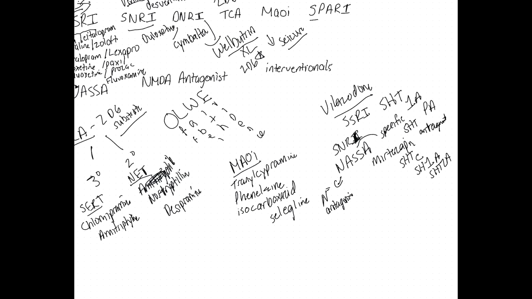All right. Alpha-2 antagonism. Alpha-2 is a heteroreceptor on a serotonin neuron. Hetero just means that it's a serotonin neuron, but it also has norepinephrine receptors on it. Even though it's a serotonin neuron doesn't mean it only has serotonin receptors on there. It has a norepinephrine receptor on there. So it's a heteroreceptor.